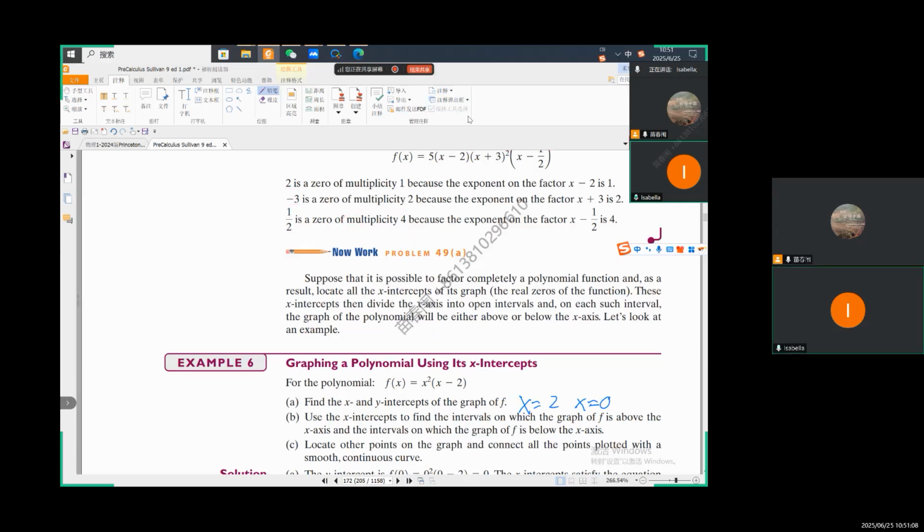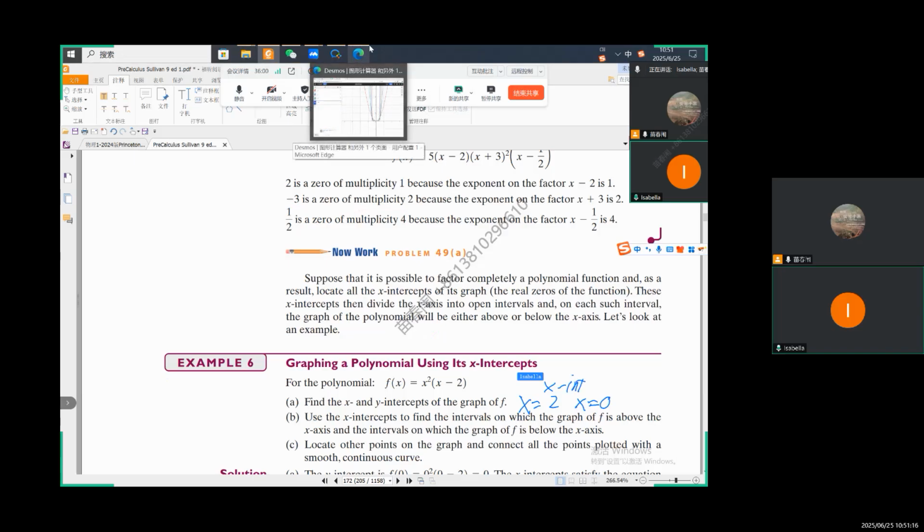I'm just gonna do my actual work on paper because there isn't that much space on here.